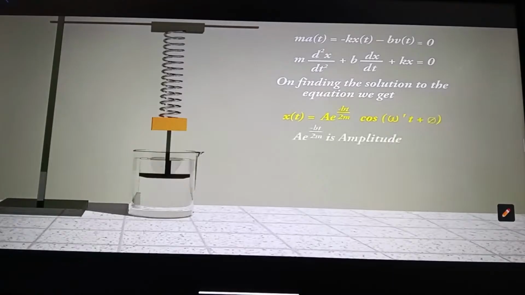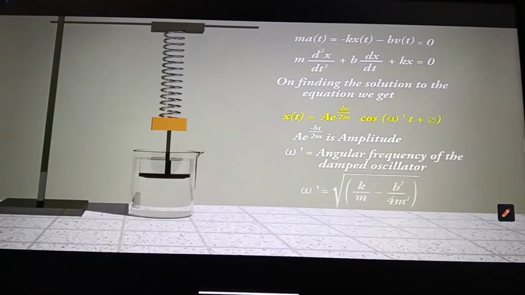Here, A e raised to the power minus bt upon 2m is the amplitude. Omega prime is the angular frequency of the damped oscillator. Omega prime is equal to the square root of k upon m minus b square upon 4m square.